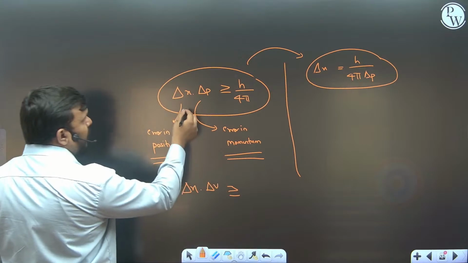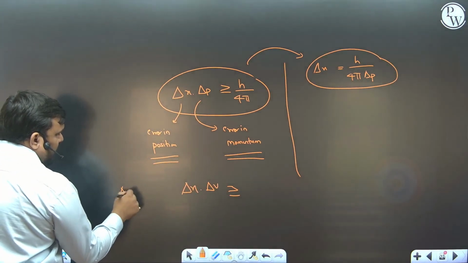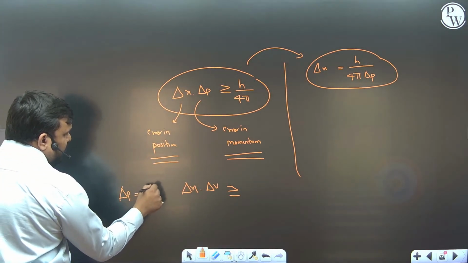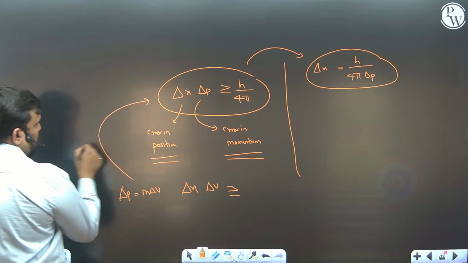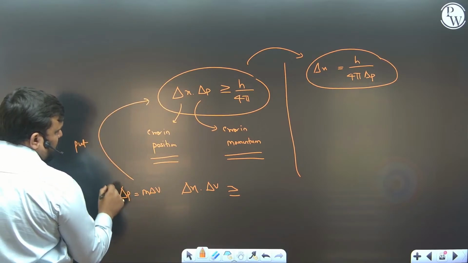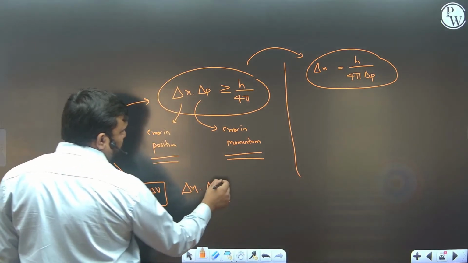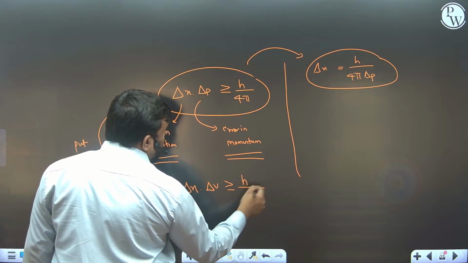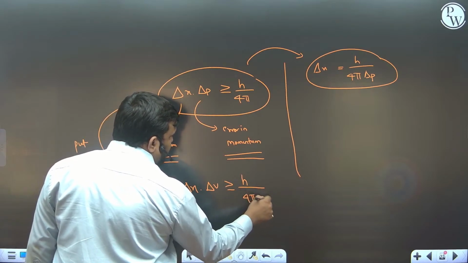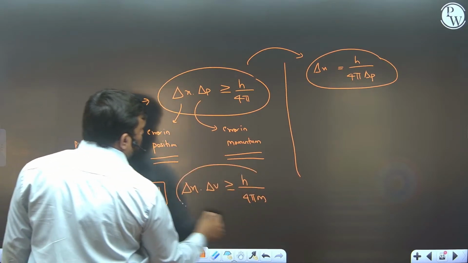Over here, delta p we will be putting as m delta v. So as we put delta p is equal to m delta v, we get the equation delta x delta v is greater than or equal to h upon 4 pi m. So this equation also you can use.